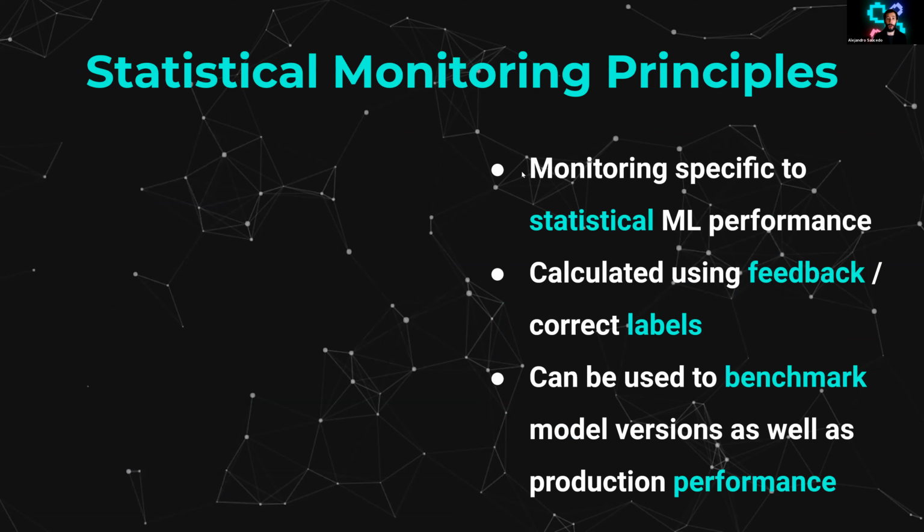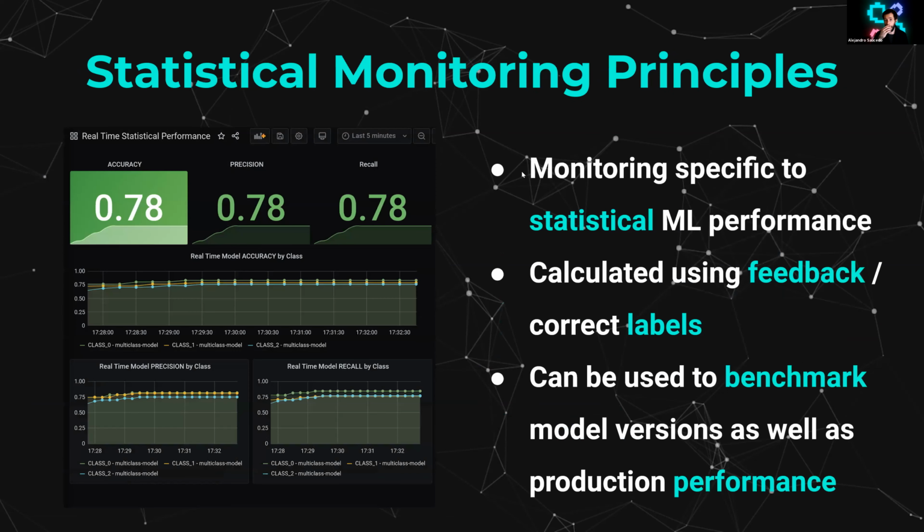Now, we're going to be talking about the rest of the more machine learning specific monitoring patterns. But that serverless architecture piece, you will see how it will come up again and again. The first one is the statistical monitoring principles. And I guess a simpler way to call this is model performance metrics. So in the case of our classification use case, this will look like accuracy, precision, recall, specificity.